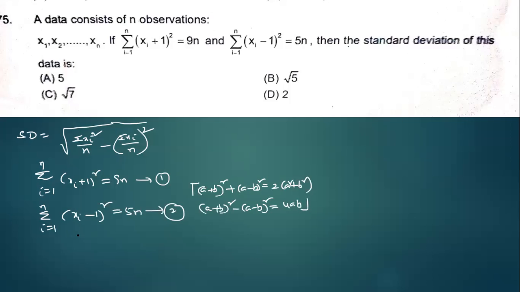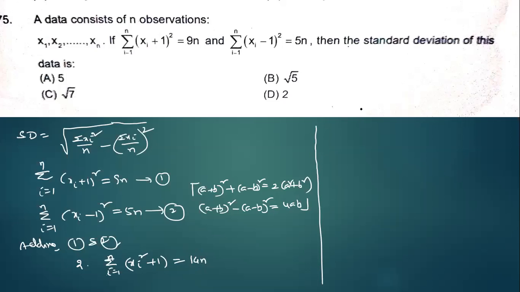Now I am using these two formulas, adding 1 and 2. What result is coming, anyone? That is 2 times sigma i running from 1 to n of (xi square plus 1). 2 times (a square plus b square) is equal to the right hand side, 9n plus 5n, means 14n.